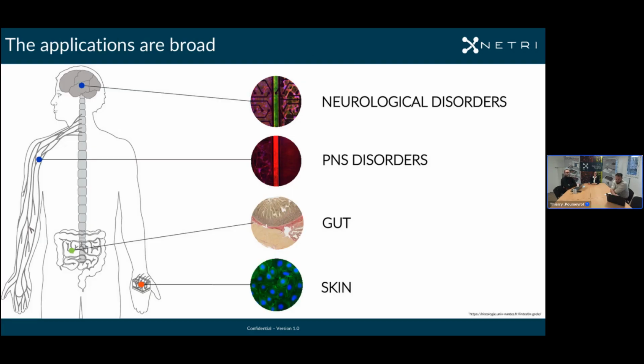As I said, the applications are really broad using our technology. We already have applications in the NDD field with the different diseases that we are looking at, like Alzheimer's and Parkinson's, to name a few. We also have applications in the PNS field, especially in the disorders. Hélène mentioned some of it through CIPN.